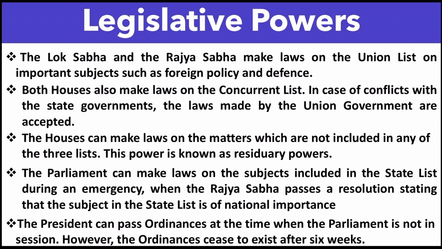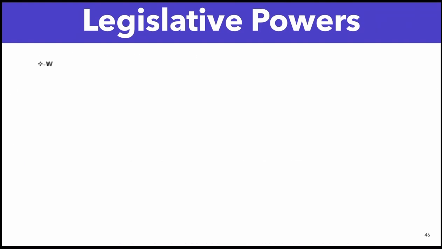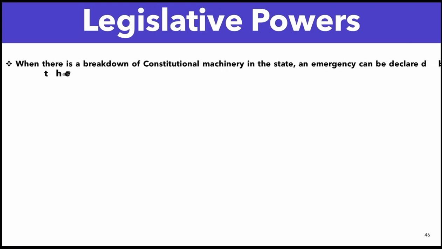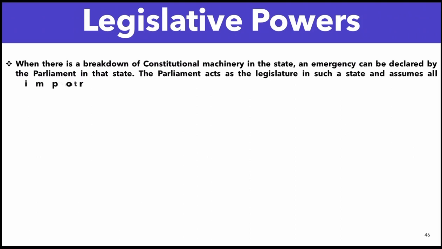However, the ordinance ceases to exist after 6 weeks if it is not passed by the Union Parliament. When there is a breakdown of constitutional machinery in a state, an emergency can be declared by the parliament in the state. The parliament acts as the legislature in such a state and assumes all the important powers in the state.